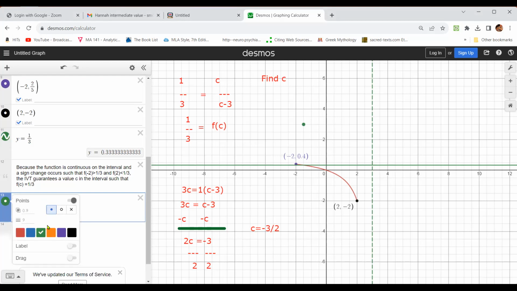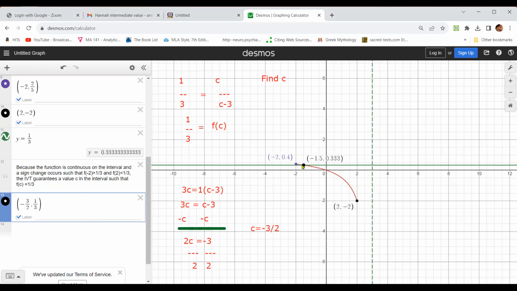Let me put this point in black, all right? Okay. There's my point. Let me label it here for you. Now, this point is, oh, I'm sorry, not 3, 1/3. My apologies. This is 1/3.